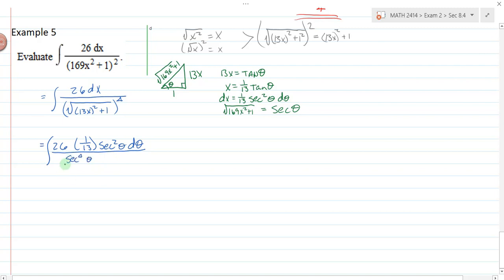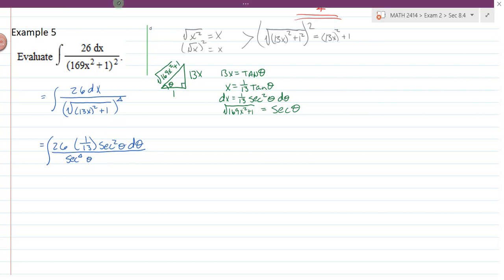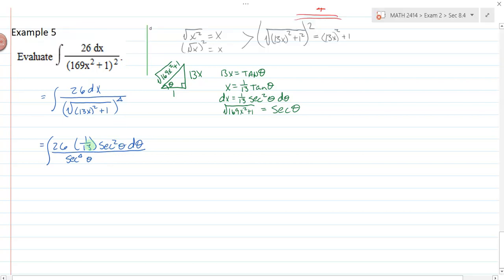Secant to the 4th I could write as secant squared times secant squared, and then one of those would cancel out. But let's go ahead and cancel. 13 goes into 26 2 times. This secant squared cancels with 2 of those secant squareds, and that's going to leave us, let me pull the constant out, 2 times the integral of 1 over secant squared theta d theta, because everything else from the numerator is gone.